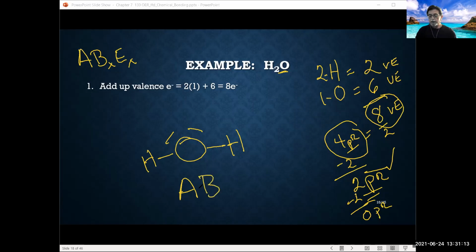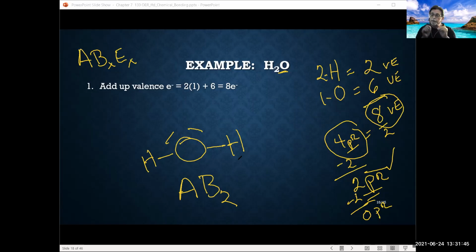B is how many atoms are bonded to the central atom, and that subscript is 2, because there's 2 hydrogens. They can be the same atoms or they can be different. We don't care what they are. We just care how many of whatever is bonded to the central atom. We have 2 of them. They just happen to be the same, and that's hydrogen. So A, B, 2.